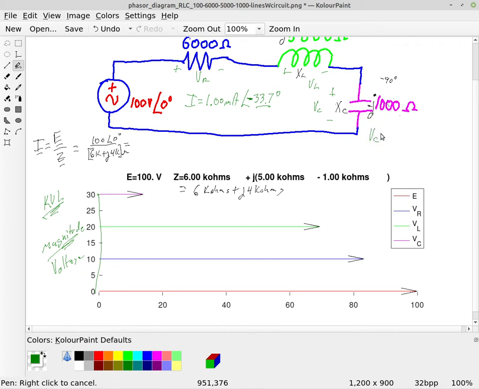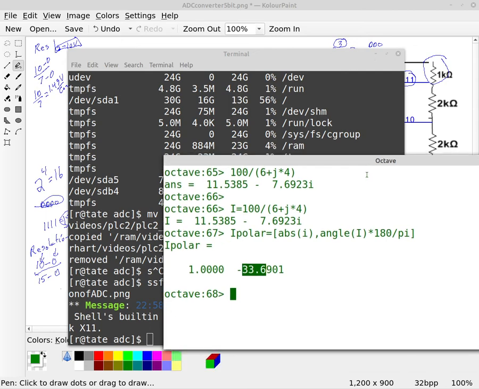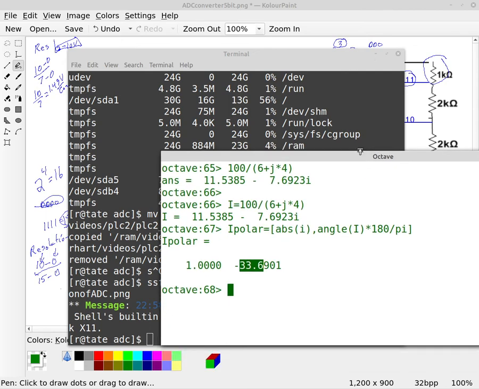So VC is going to be the current I times the reactance, which has the minus J piece here, minus J times X of C. And so the magnitude of that is, we already have our current. That's what I like about this Octave software. I already have my current. When I display it, it's in rectangular form.